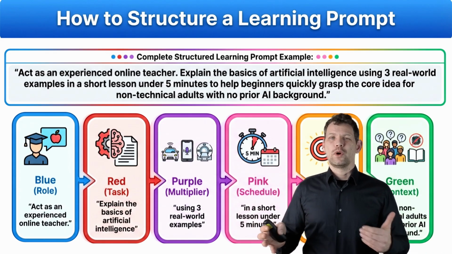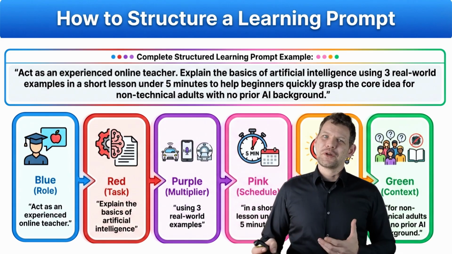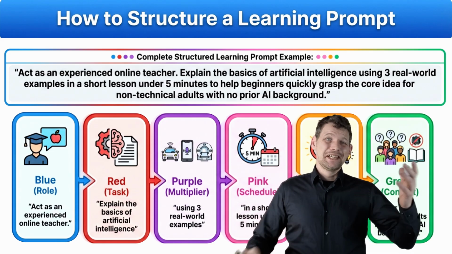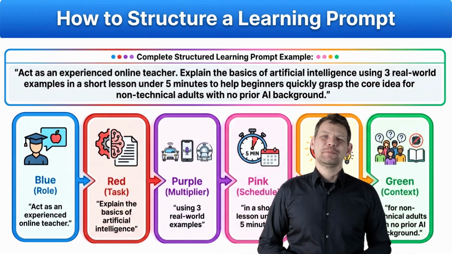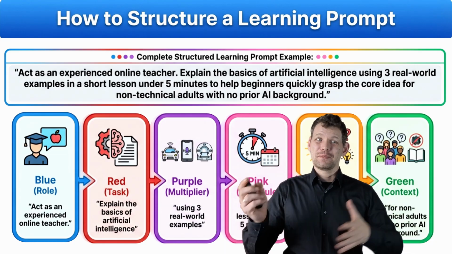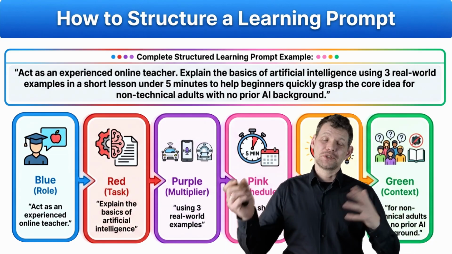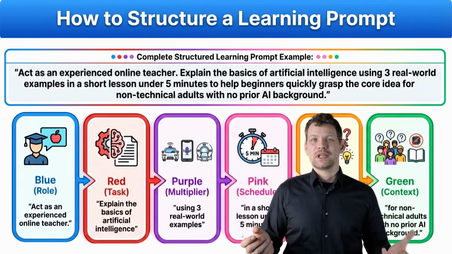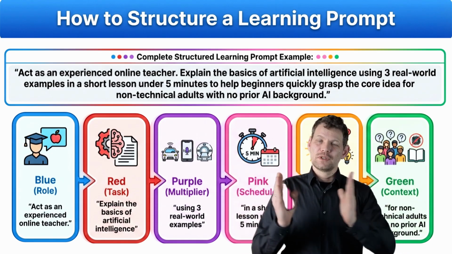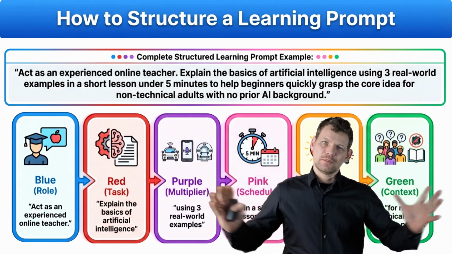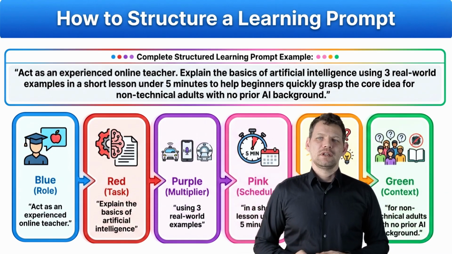If you've ever worked as a manager or a lead, then you know that it's the same structure you use with the employees. There's no difference, right? Some jobs are simpler than others, and it's the same with AI. Some jobs don't need that much context. Some jobs need more context.